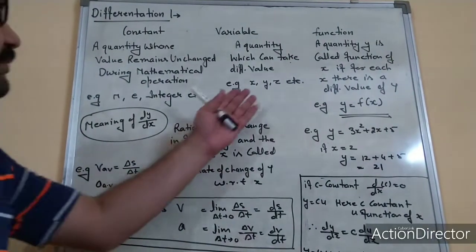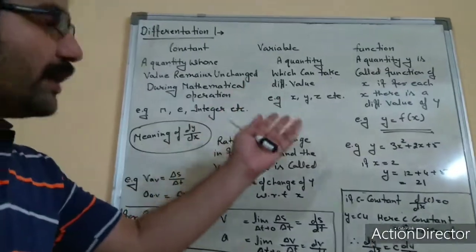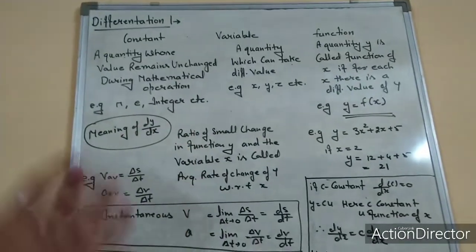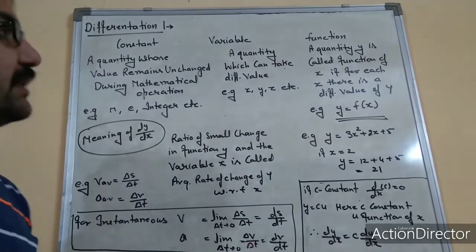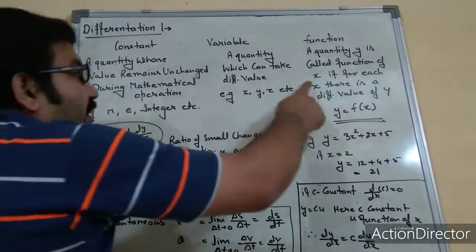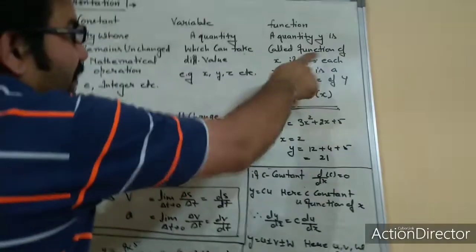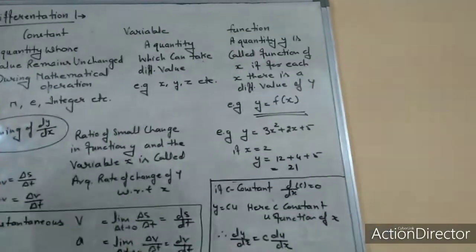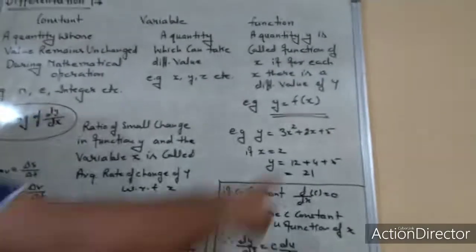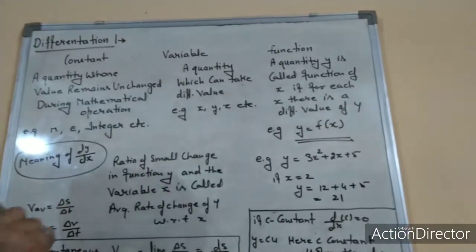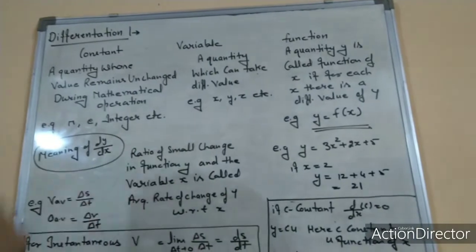So in this way we can say x, y and z are variables, while a function is a quantity. The quantity y is called a function of x, meaning y will be a function of x if for each value of x there is a different value of y.